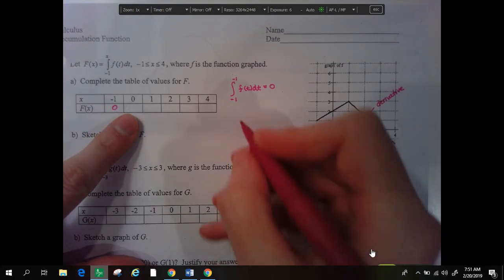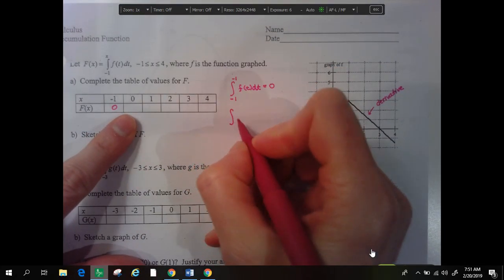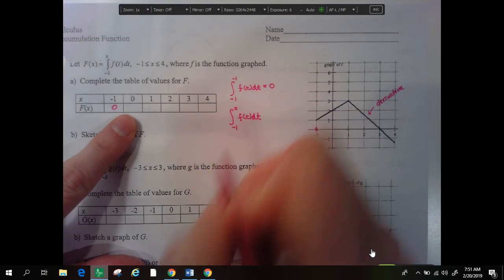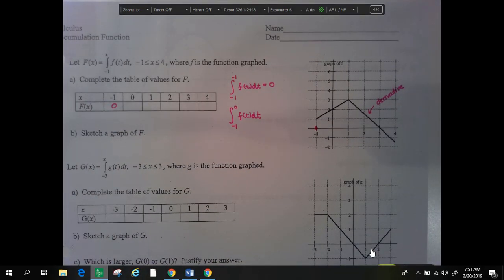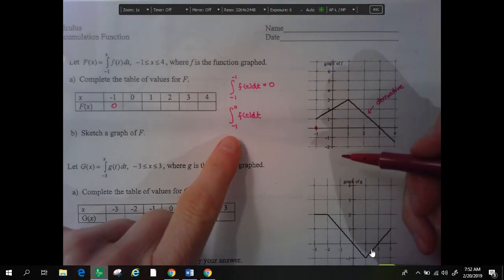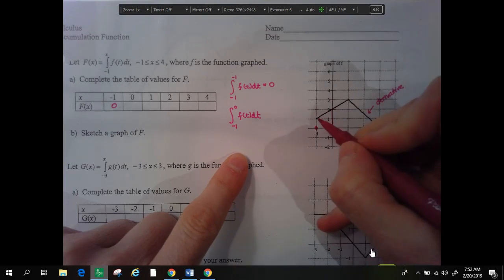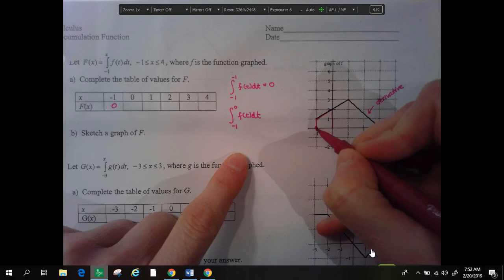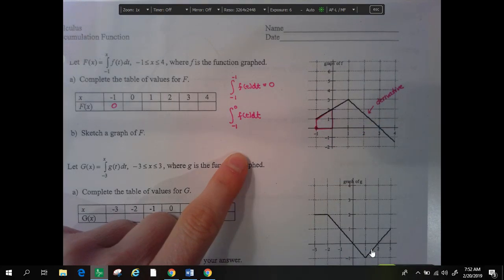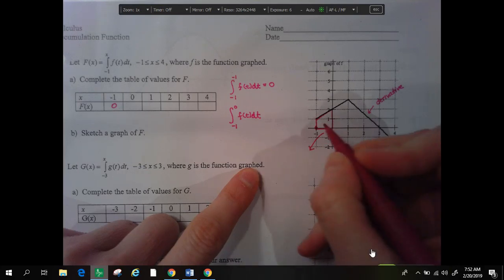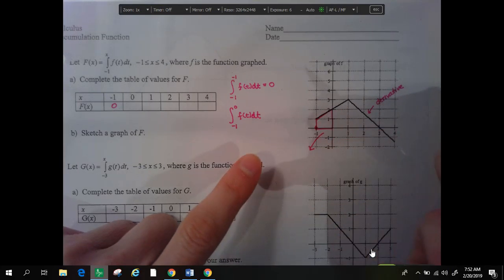So we're going to repeat that for every single one of these values. So from -1 to 0 of f of t dt. Now I don't have a function, but I do have a graph. And we know that an integral means the area under the curve, or the region under the curve. So now I'm looking from -1 to 0. I look at the graph and I see that I have a familiar geometric shape, at least it should be familiar. You've got yourself a trapezoid. So I want to find the area of that trapezoid, or you can break it up into a rectangle and a triangle, either one is fine.